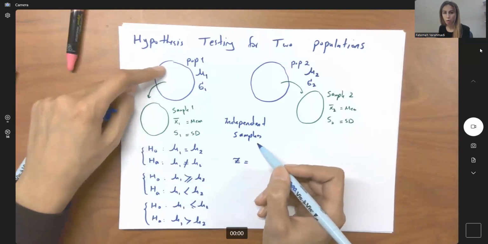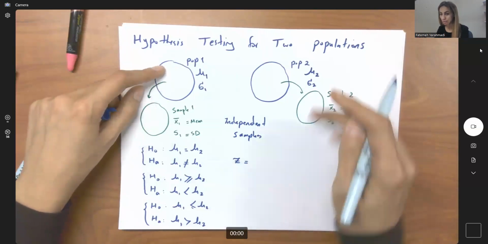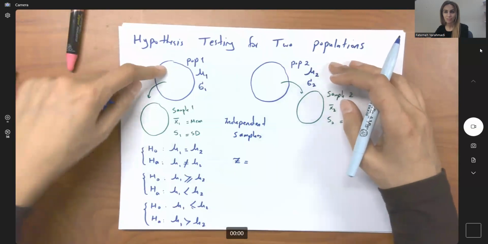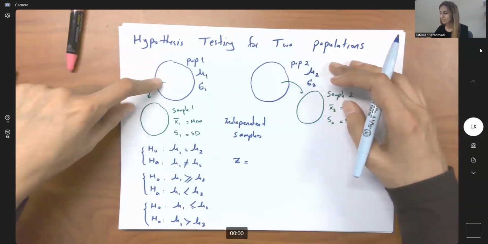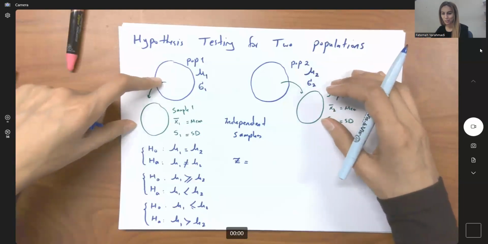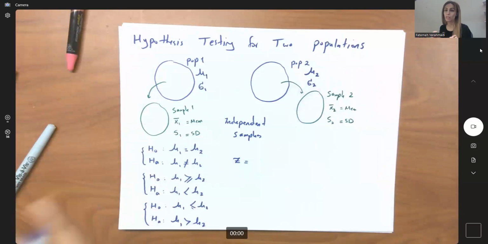For example, the first population is San Jose State University students, and the second population is Stanford University students. Students that are going to San Jose State University are not attending Stanford at the same time. So these two samples are definitely independent from each other. Or people who live in California right now are not living in Illinois. So you have two independent samples.